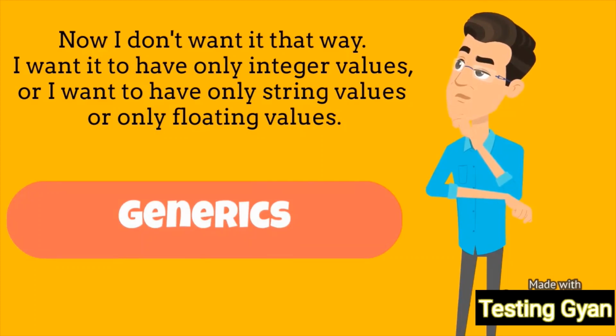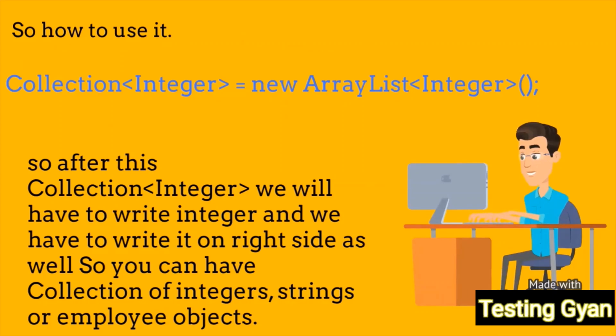I want to have only integer values in that, or only string values or only floating type values in that. For that we'll use something called generics. So how to use it, I'll tell you. After this Collection we'll write a triangular bracket, and in that we'll write Integer. We have to write this Integer on the right side as well.